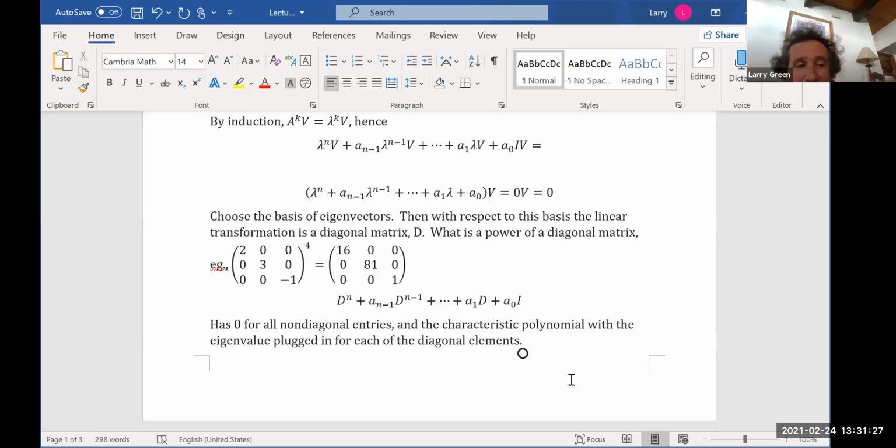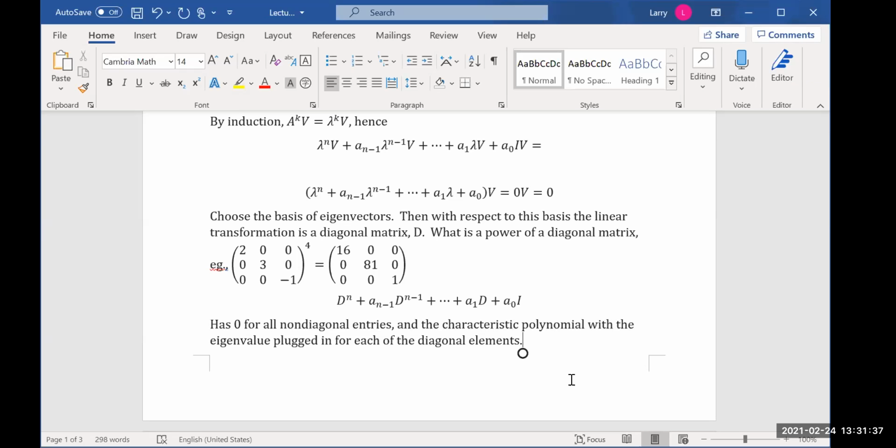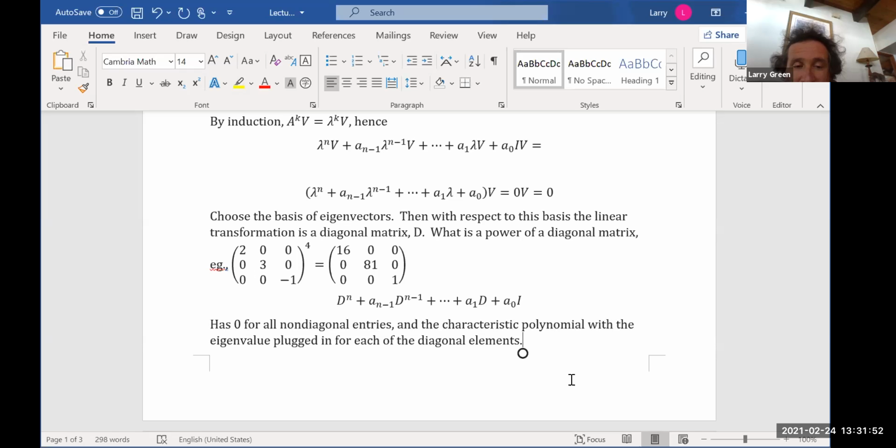So if the matrix is a zero matrix under a strange basis, what is the matrix in the standard basis?